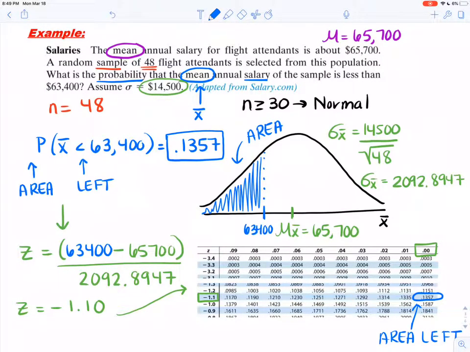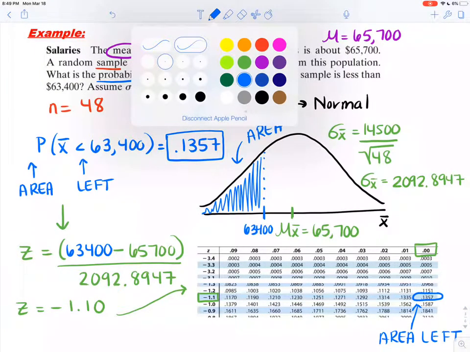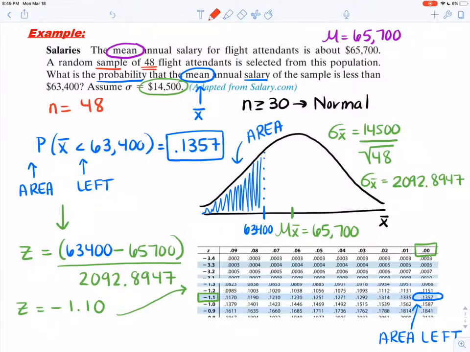Now what I hope you can see is that this is the exact same method that we defined in section 5.2 for finding the area under the normal curve. The only difference is while you use sigma to look at an individual data value, you use a different standard deviation, sigma over the square root of n, when you're looking at a sample mean.